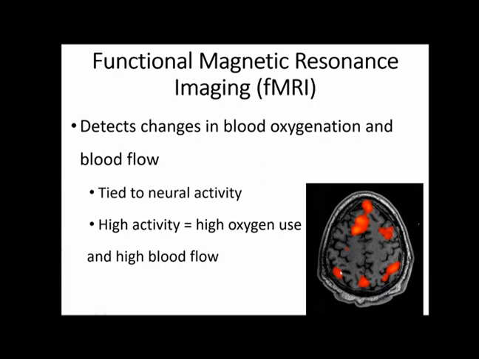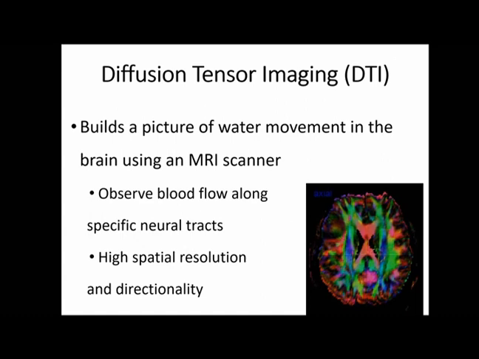And so we can see it that way. And a couple of other techniques that use functional detection are going to make some use of this trait where high activity in the brain means high oxygen use and high blood flow. And we'll actually see that right away in our next slide.